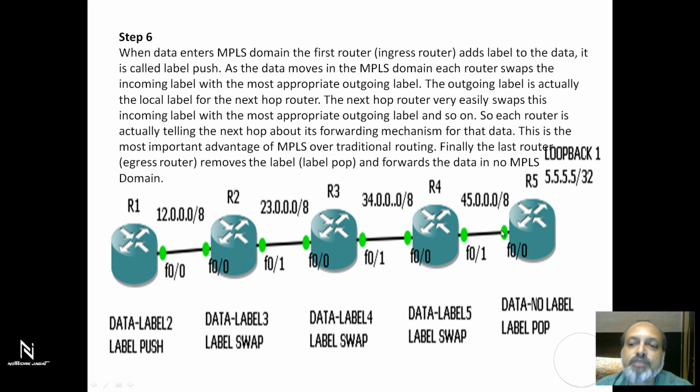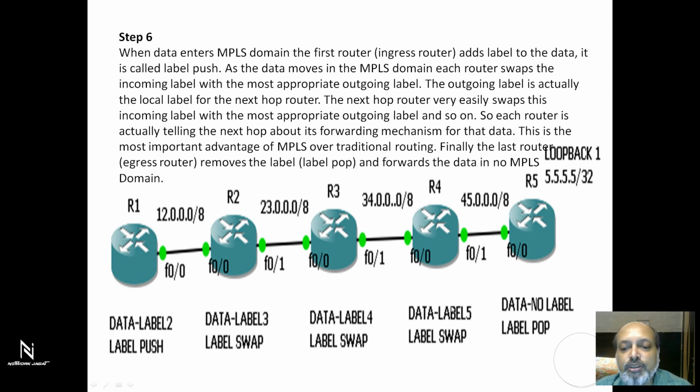This is because when R5 sends its local label for 5.5.5.5, it actually sends an implicit null label to R4. So for 5.5.5.5, R4 has received an implicit null label from R5.